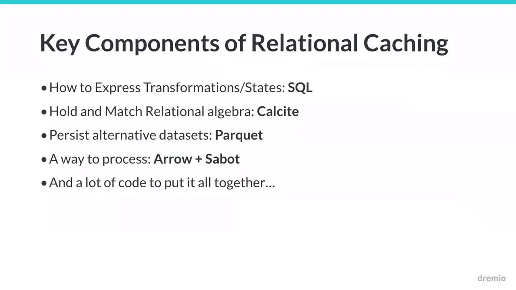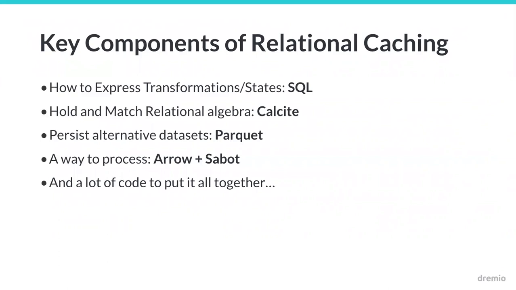So let me describe a few of the key components of relational caching, and specifically what we use in Dremio reflections. First off, in order to express the transformations and states, it's just a part of the Dremio SQL language. In order to match the relational algebra to determine if a reflection can be used, we use a library called Apache Calcite.